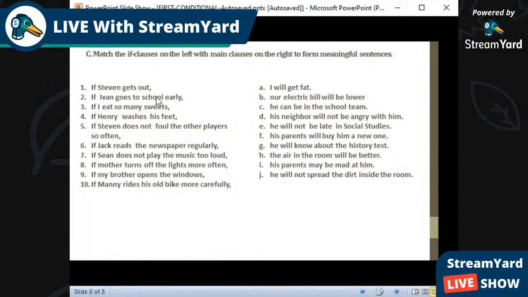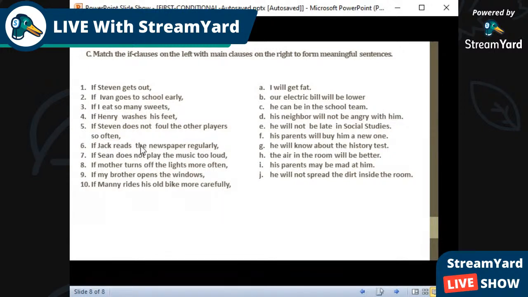Number 1, if Steven gets out. Number 2, if Ivan goes to school early. Number 3, if I eat so many sweets. Number 4, if Henry washes his feet. Number 5, if Steven does not foul the other players so often.